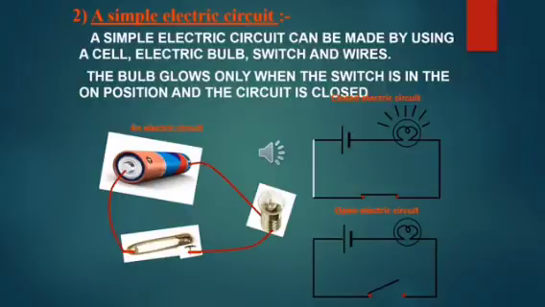In the open electric circuit, there will be no flow of current. What do I mean by open electric circuit? You can see that the switch is open, right? It's not connected to the other end of the wire. So there will be no flow of current and hence the bulb will not glow.